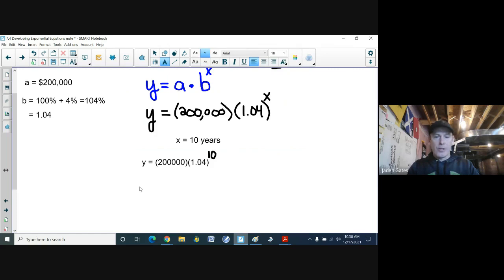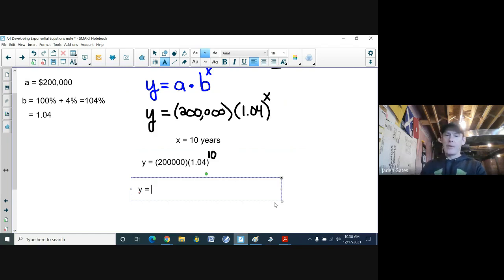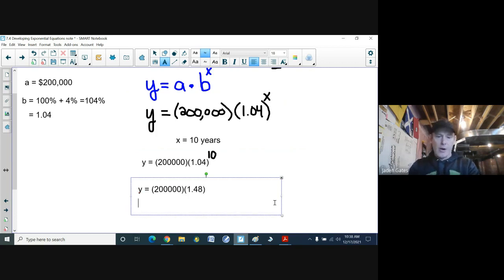To figure out the money value, I have to follow BEDMAS, so I do my exponent first. This 200,000, I'm just going to leave right there. I take 1.04 to the power of 10, and to 2 decimal places, I get 1.48. Then finally, I can figure out the amount this yacht is worth.